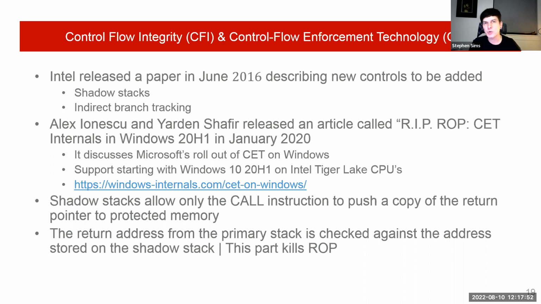The things that you could do in 1995, you can still do today in 2022. That's kind of crazy if you think about it. But these mitigations actually, for once and for all, greatly limit and mitigate that bug class. Stack-based overflows, buffer overflows, and return-oriented programming are greatly mitigated by these controls.